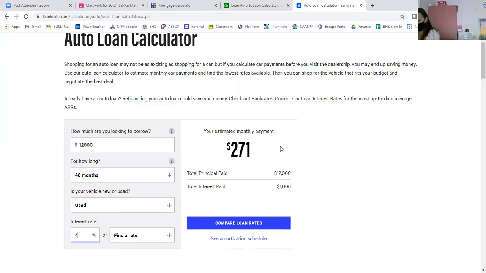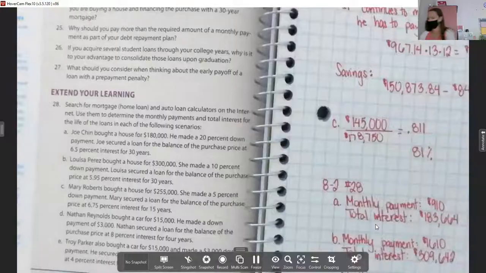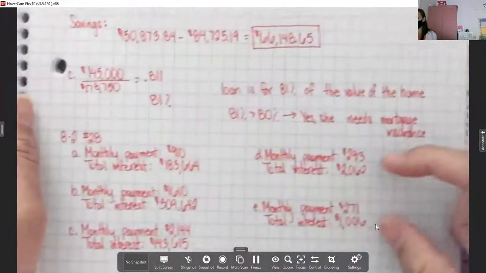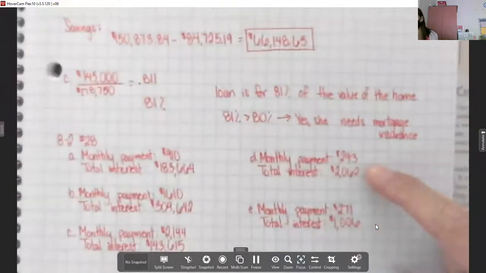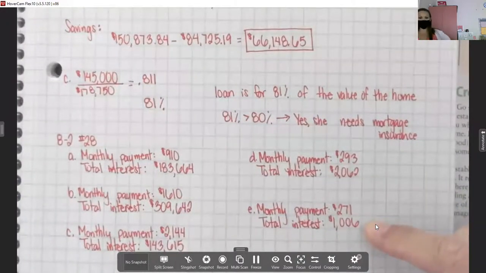So his monthly payment isn't very much lower, right? Compared to what Nathan got, it's only $22 lower, but the total interest paid is $1,000 lower, about half. His total interest paid is this $1,006. So these last two are kind of the same exact thing, but he has an 8% interest rate and he has a 4% interest rate.